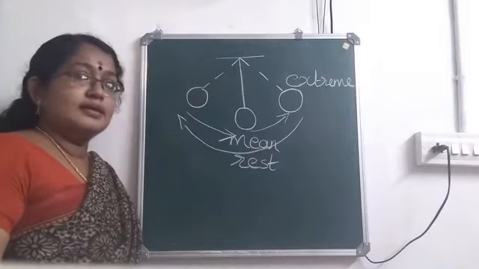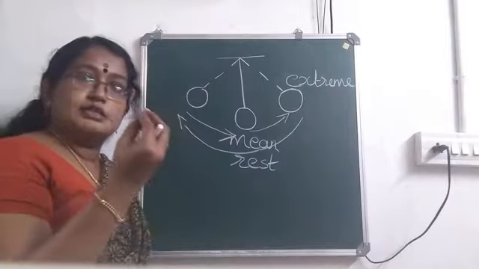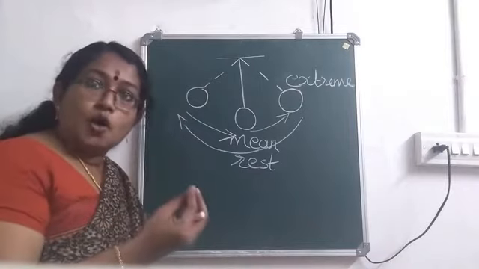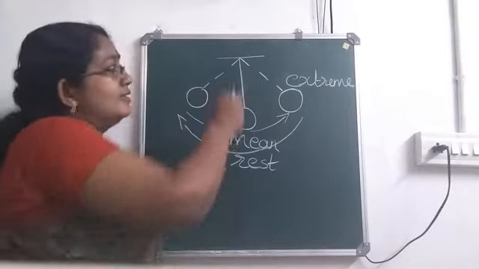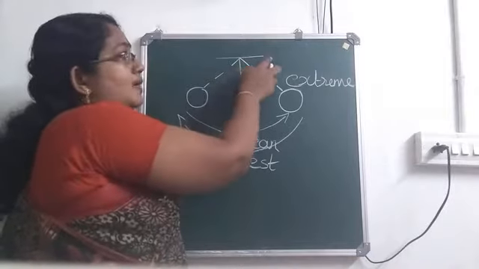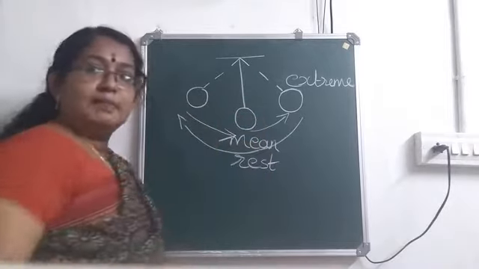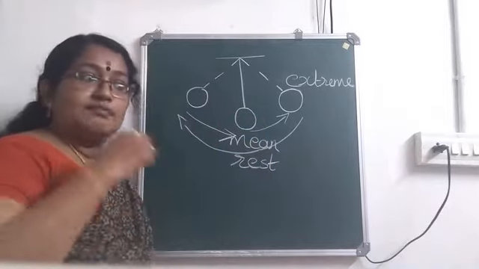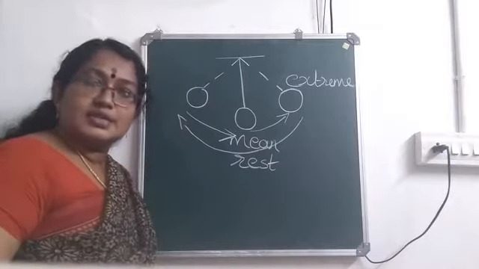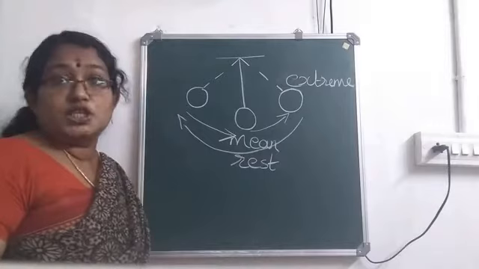So is it clear about the structure? A small mass called a bob hanged using a string on a rigid support. At first it will be in the mean or the rest position. When you apply force, it starts oscillating and these 2 points can be called the extreme positions.